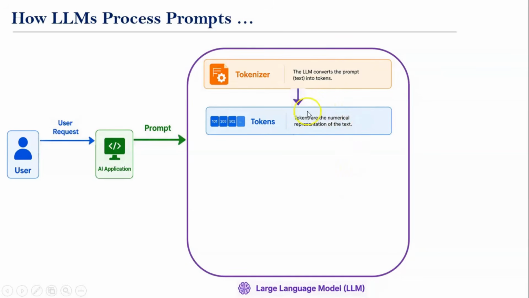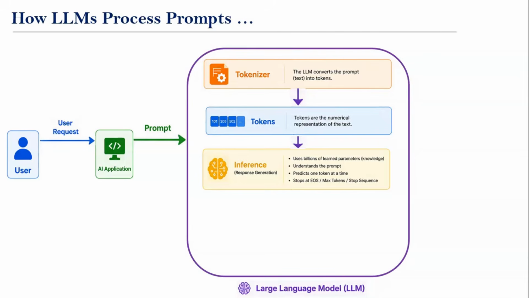Now the LLM takes these input tokens and generates the required response in terms of tokens by using a concept called inference. And as of now, you need not worry about this inference concept. Actually, here the LLM is generating the response in terms of tokens for input tokens with its knowledge. And that knowledge comes from parameters, billions of learned parameters.